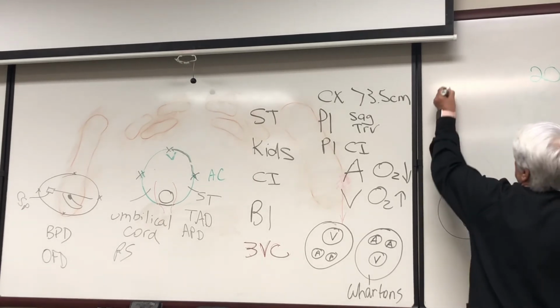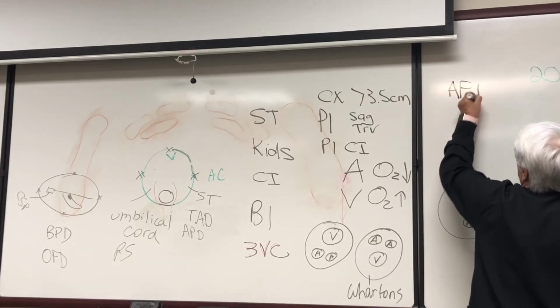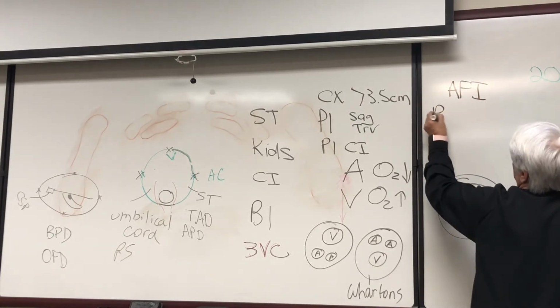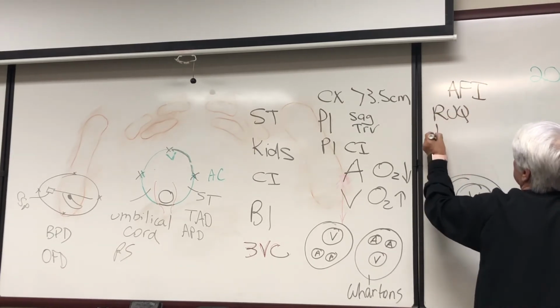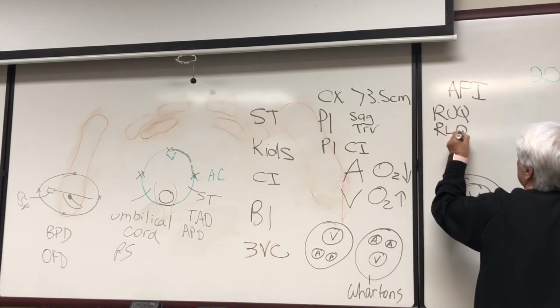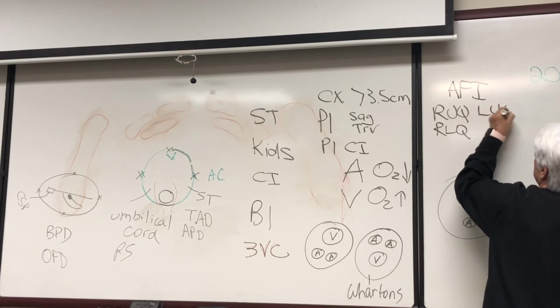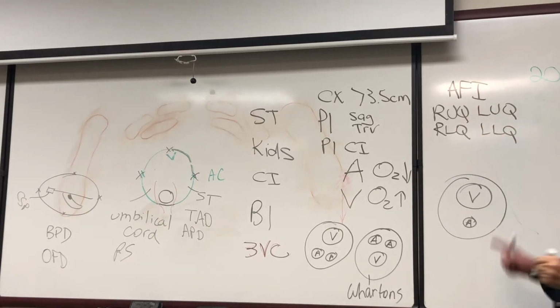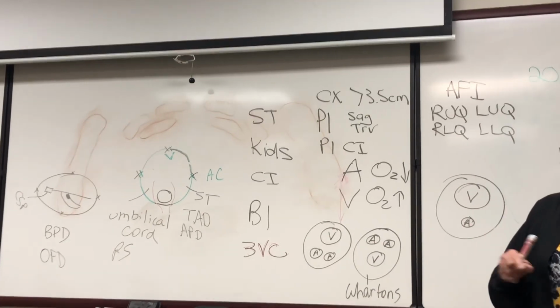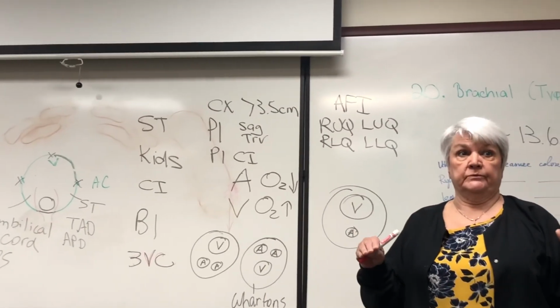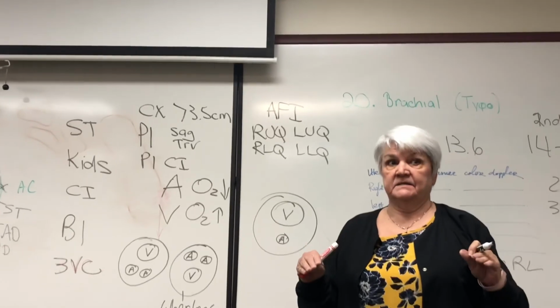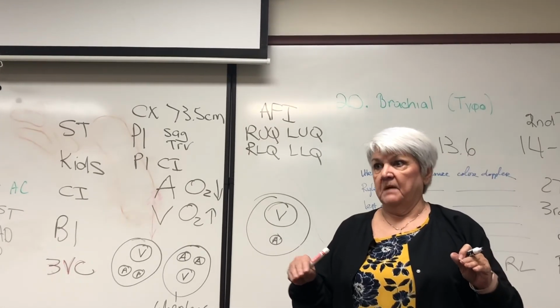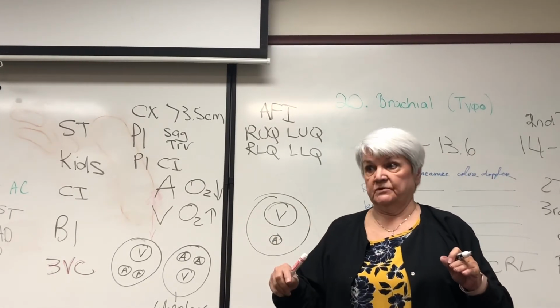Then you have to do your AFI. You do your right upper quadrant, right lower quadrant, left upper quadrant, left lower quadrant. You can do it in sagittal or transverse. It doesn't matter, but not both. It has to be exactly the same. I'm not gonna do one sagittal, one transverse.